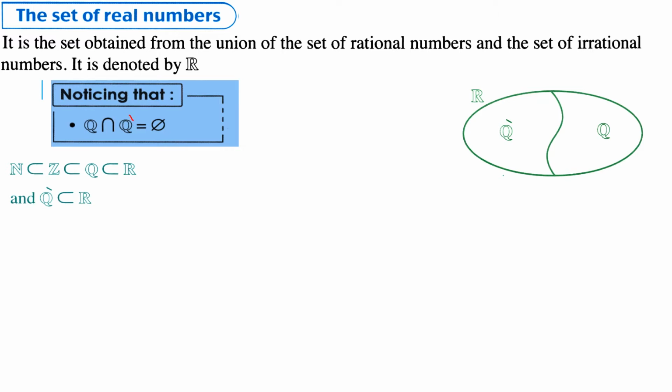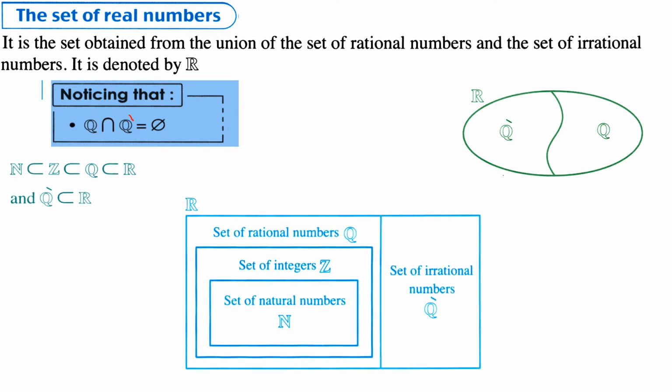So the real numbers are the union of the rational and the irrational numbers, and all other sets are subsets of the real numbers.